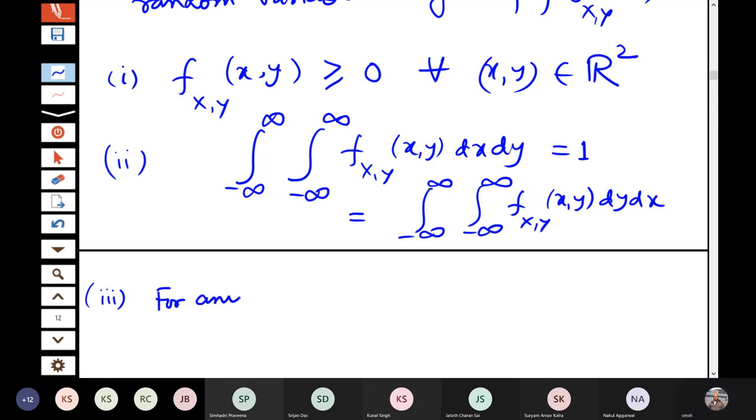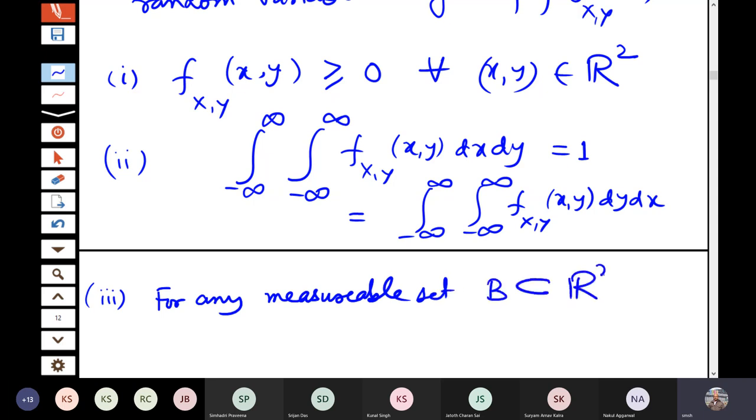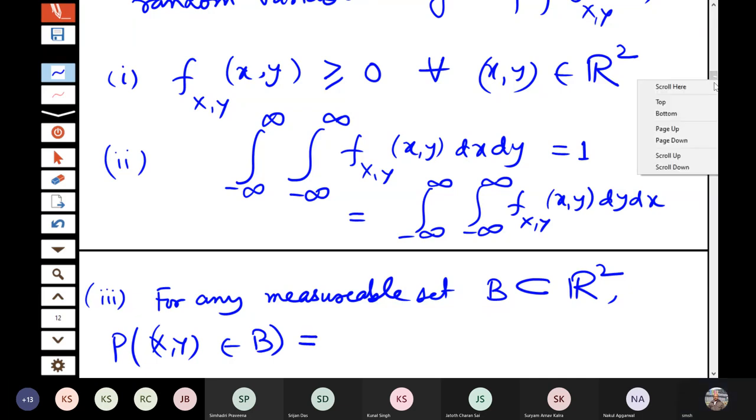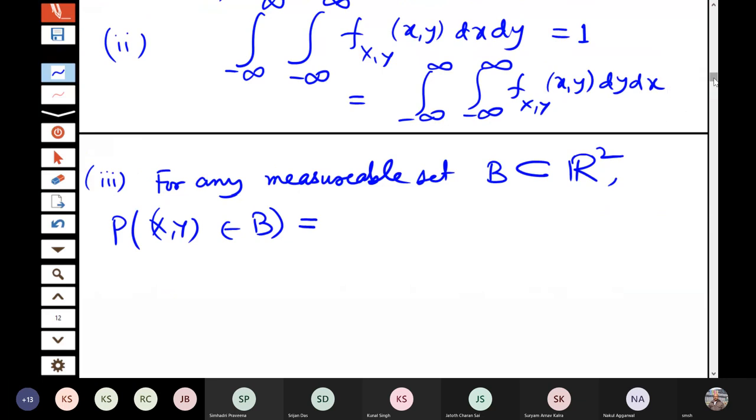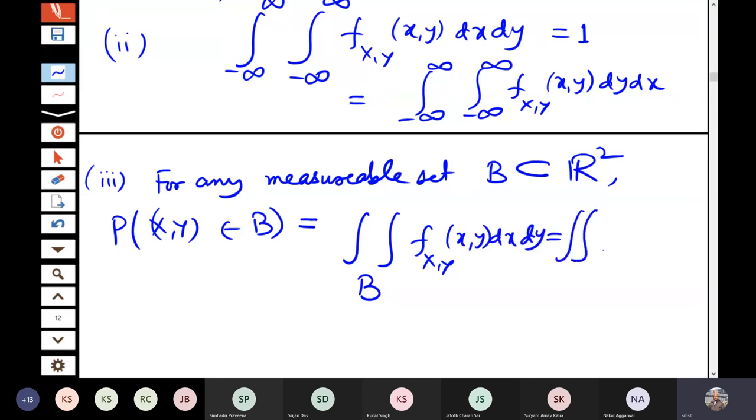For any measurable set B in the two-dimensional space, probability that (X, Y) belongs to B is nothing but the integral over B of the density function. And once again, the order is immaterial. You can have dy dx also.